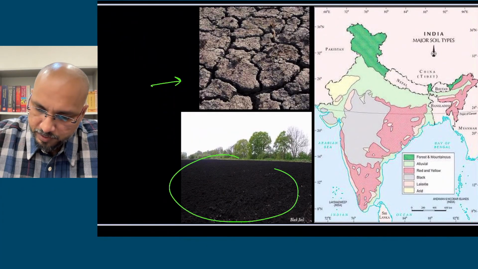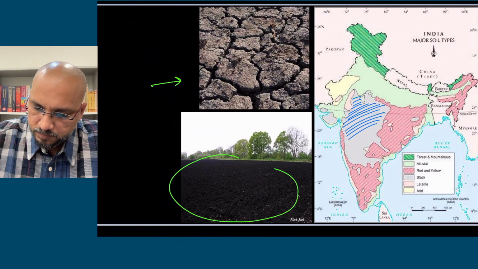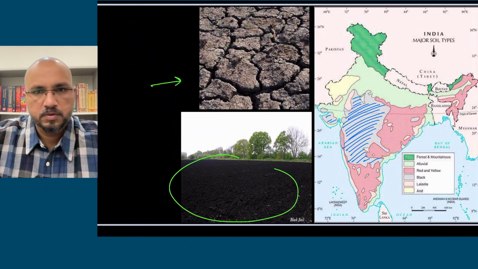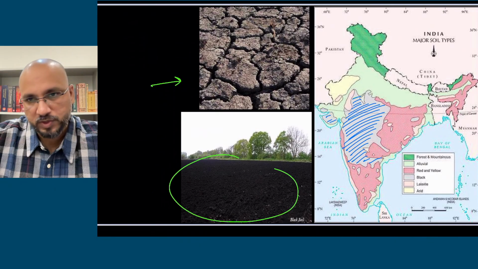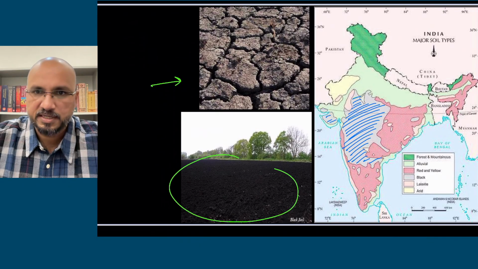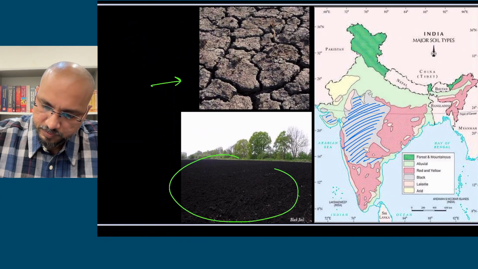Now if you see black cotton soil, this entire area, so सबसे ज़्यादा तुमको महाराष्ट्र में है, महाराष्ट्र में 27% है, then मध्य प्रदेश 21%, गुजरात 11% के आसपास है, then Karnataka, parts of Andhra Pradesh, right. So this is your black cotton soil.